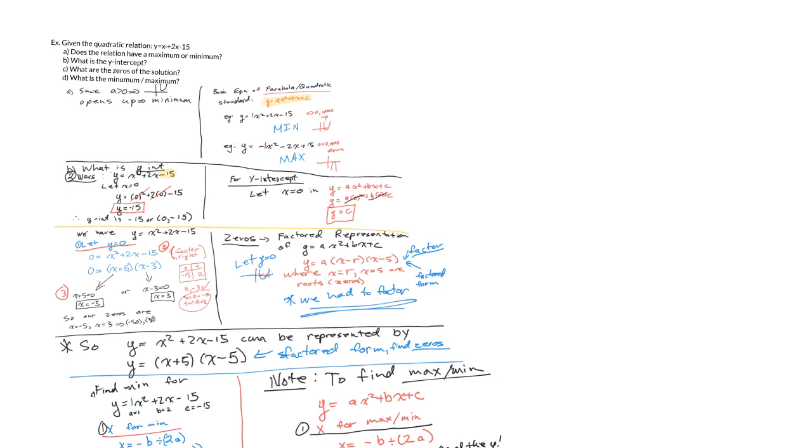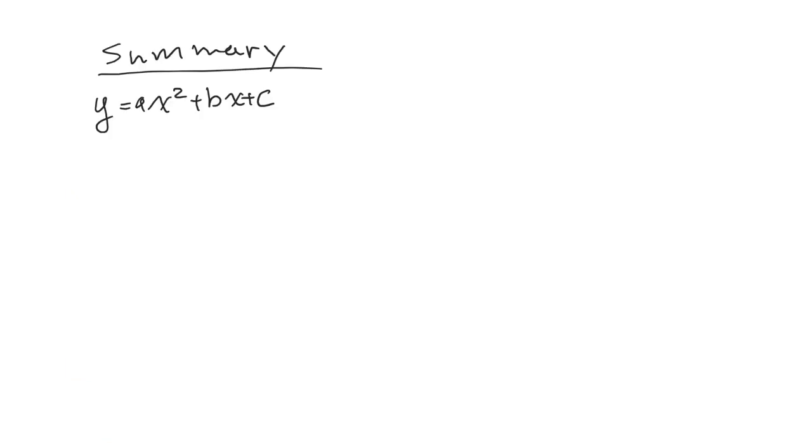And let's go for a quick summary. Our basic equation for a parabola, or quadratic, is given by y is equal to ax squared plus bx plus c. Now, this is a quadratic relation, right? Now, one of the things that it gives us is this thing called the standard form.